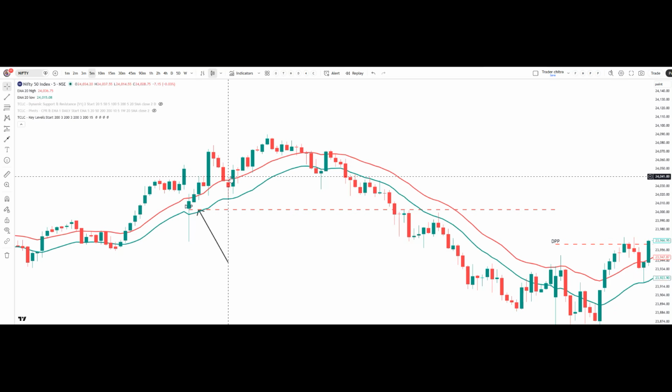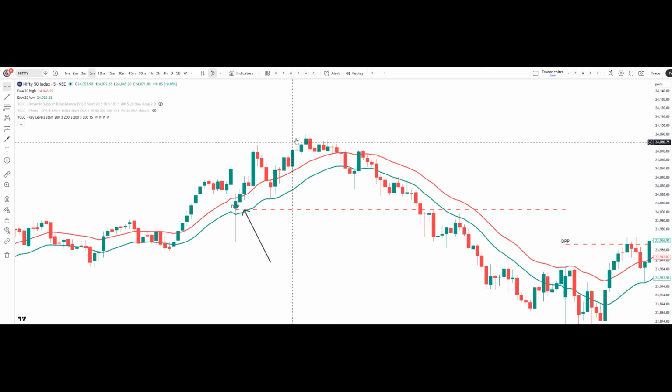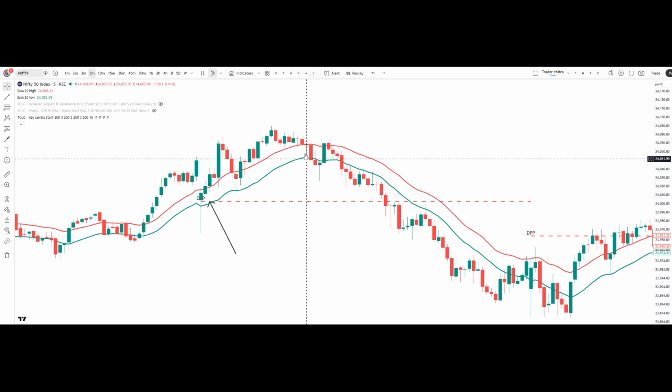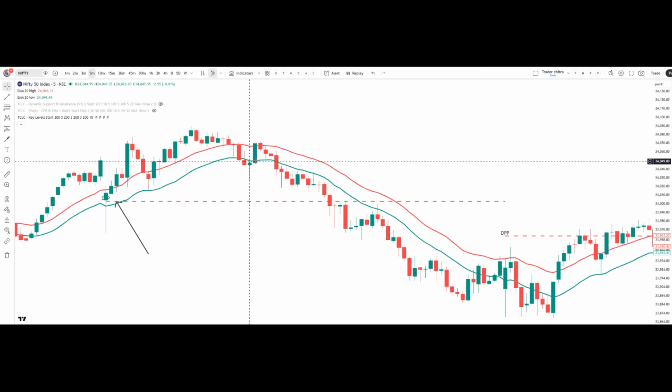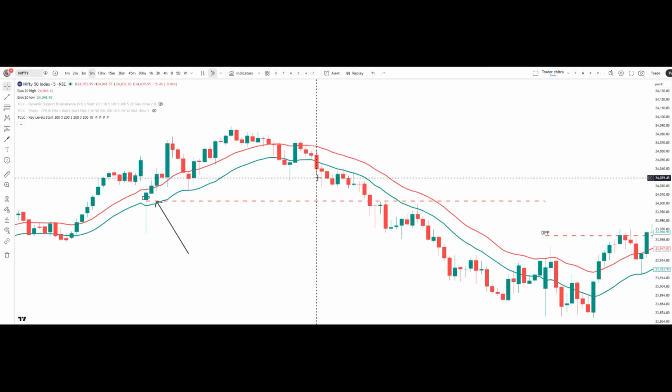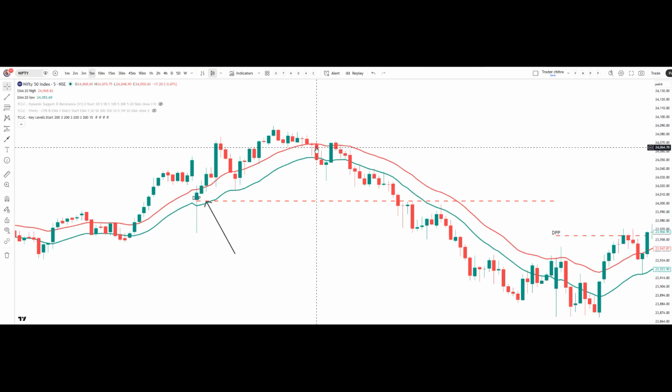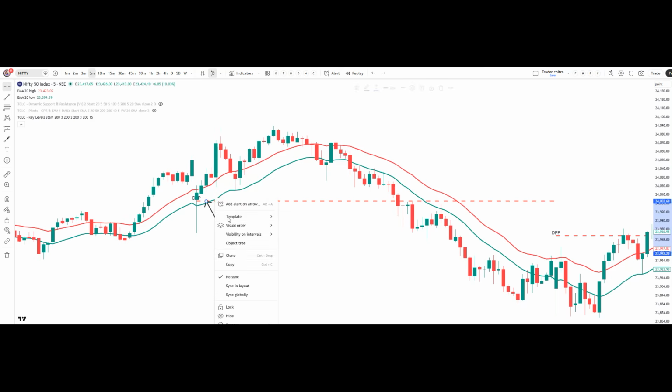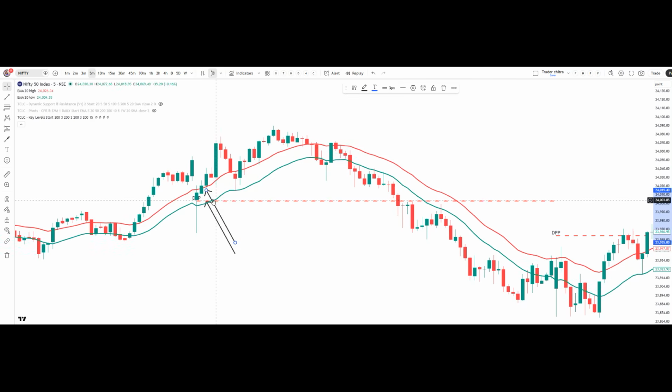When the price is trading above the moving average high, it indicates a strong bullish momentum. When there is a pullback towards a particular moving average, in that case also it indicates bullish momentum. If the price is trading in between these two moving averages, it indicates a sideways market. When there is any rejection from this particular moving average, high and low, it indicates a strong bearish momentum in the market.